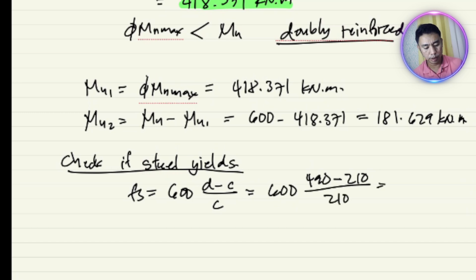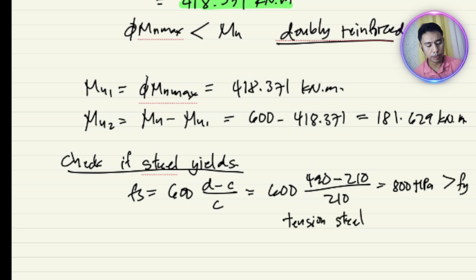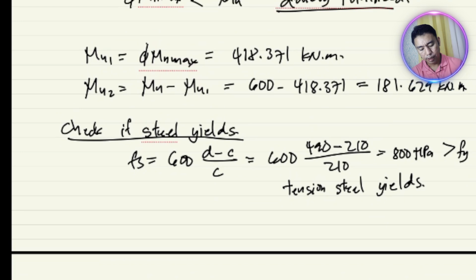So the result is 800 megapascal. This is greater than Fy. That means ang tension still yields. Okay?